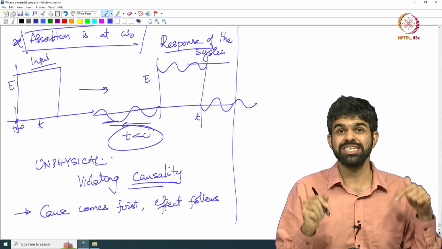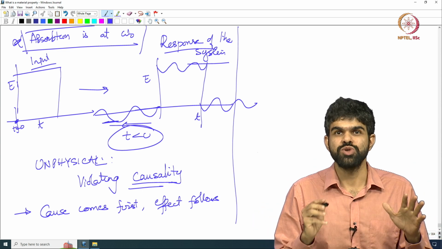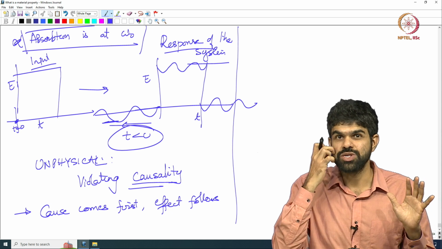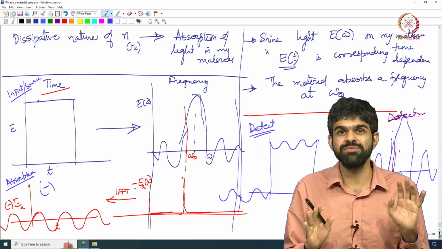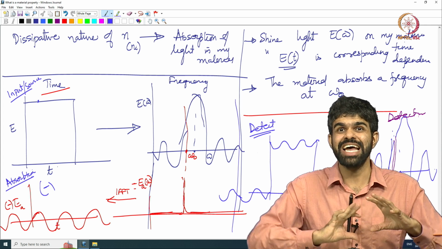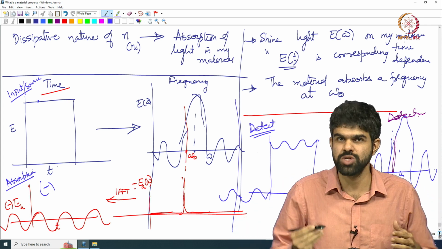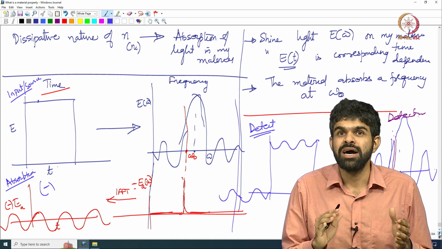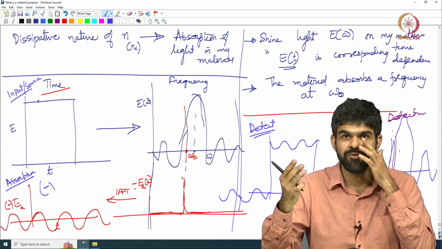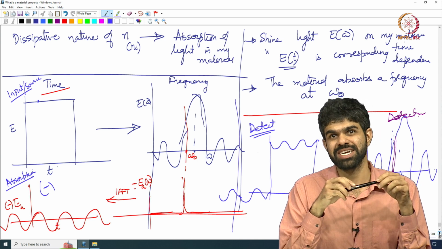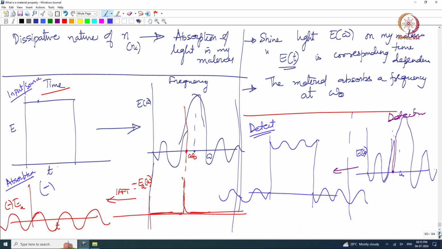Here in this case, that is what is happening, right. So, somehow the system should adapt to this, and this adaptation, in trying to follow causality, is what relates the imaginary part and the real part of properties, and that I think we will see in the next class. Okay. So, let us end here.